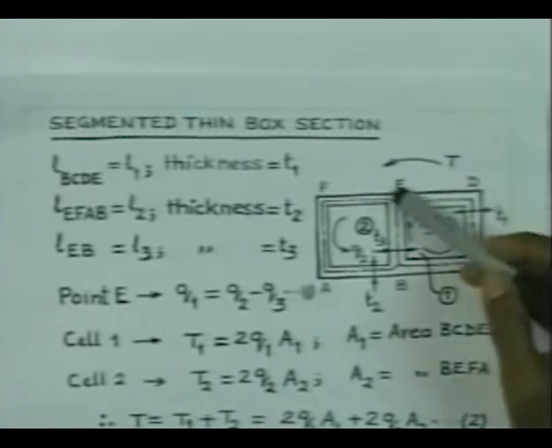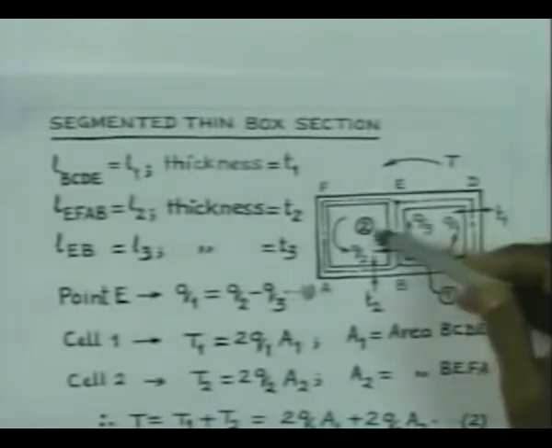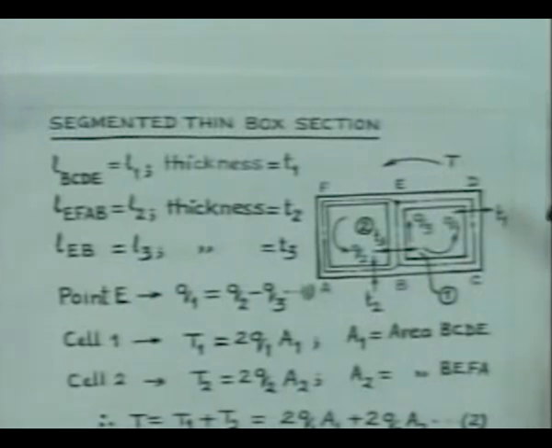Furthermore, there is complexity of stress distribution around the point E, but we have approximated. To that extent the analysis is approximate, but it quickly gives some idea about the stresses coming up under the action of some torque on this section and the angle of twist.